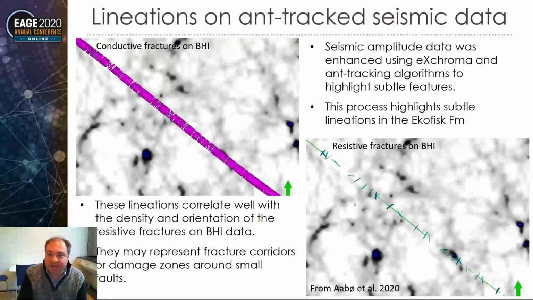Now, some of these seem to correspond quite well both in orientation and location with some of the resistive fractures that we saw on the borehole images. So it is possible that some of these lineations may represent fracture corridors or possibly damage zones around smaller shear faults, although obviously there's a lot of uncertainty here.